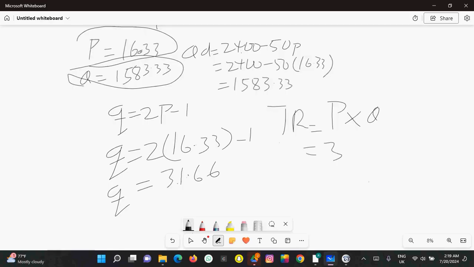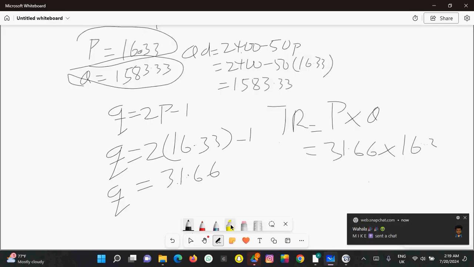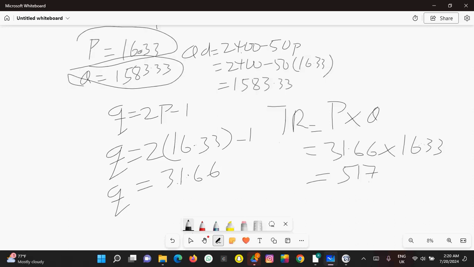So Q is equal to 31.66 times 16.33, and we are going to get 517.01.